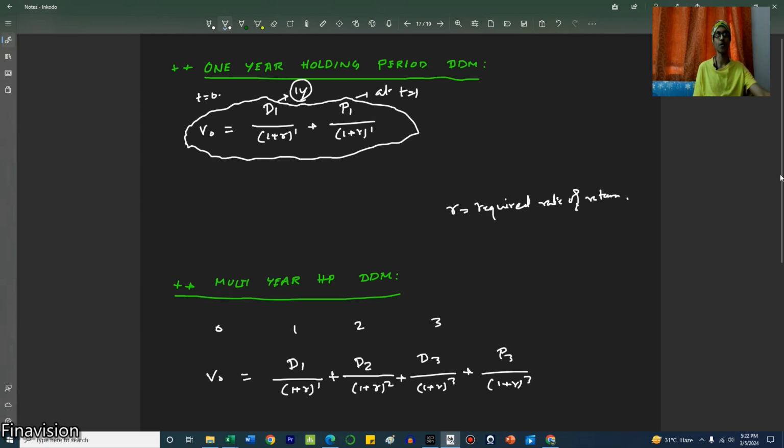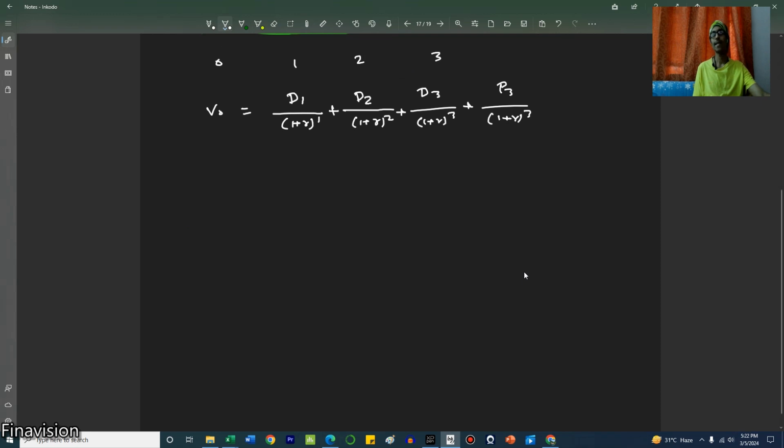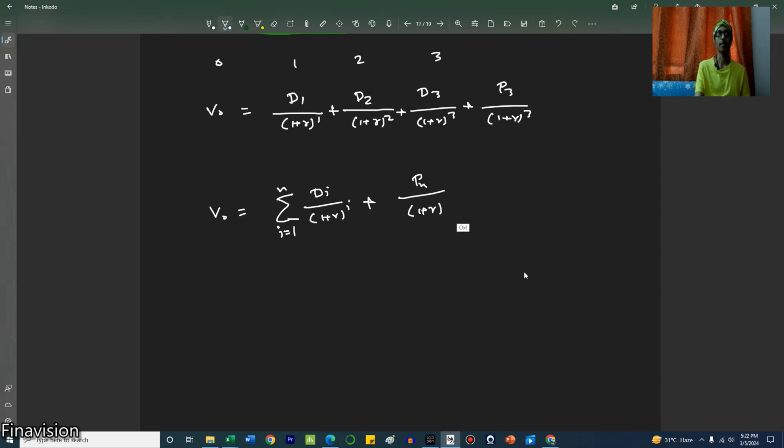So this is basically a summation, right? We write it in a different expression also. Here we write it like this: summation of Di by (1 plus r) to the power i for the entire holding period, i equal to 1 till n, plus Pn by (1 plus r) to the power n, being the final holding period, right?